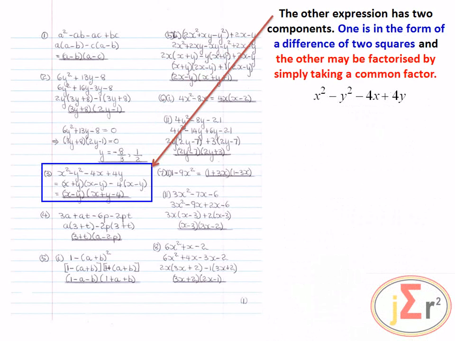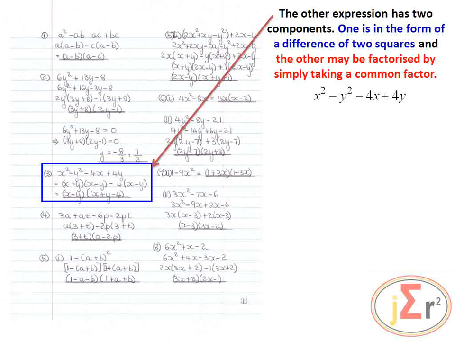The other expression has two components. One is in the form of a difference of two squares, and the other may be factorized by simply taking a common factor. So let us see. We are saying if we can see that the expression is comprised of two other expressions.